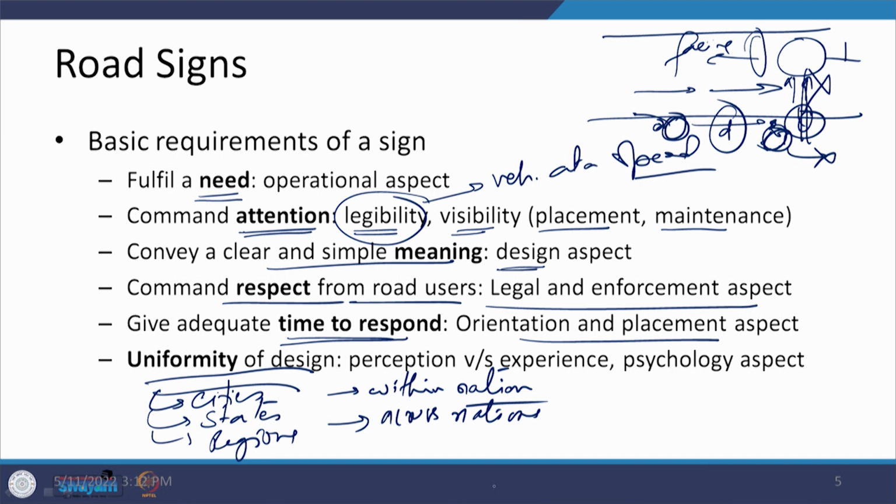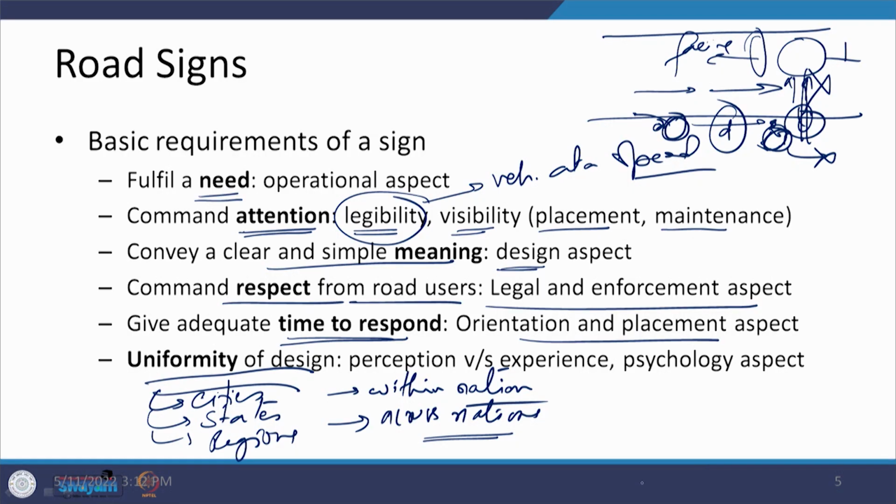I, as a driver, I am driving in Delhi, but when I reach Bengaluru, I find that the signs are totally different, and therefore, I am habituated to the signs in Delhi. I am not able to comprehend what the situation is trying to be depicted by way of those signs in Bengaluru, and therefore, I am going to commit errors. I may put myself in a hazardous situation, or may put other road users in hazardous situation by way of my acts.